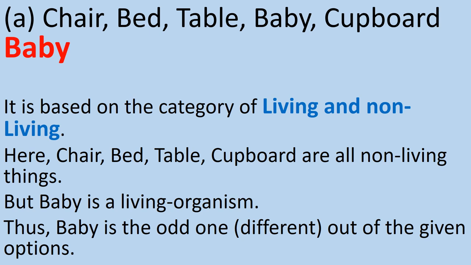It is based on the category of living and non-living things. Here, chair, bed, table, cupboard are all non-living things, but baby is a living organism. Thus, baby is the odd one out of the given options.